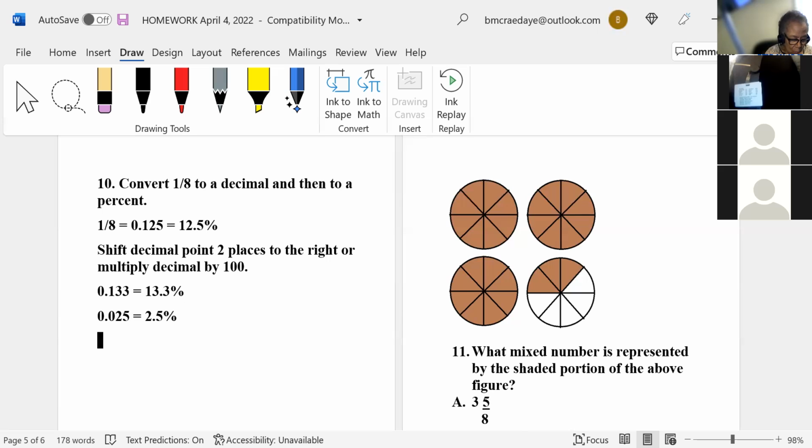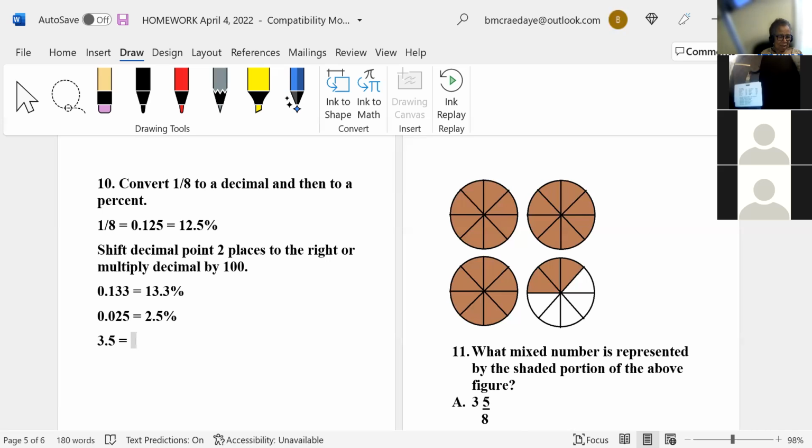All right. Now, what if I had 3.5? What would 3.5 be as a percent? No, you're throwing away the 3.